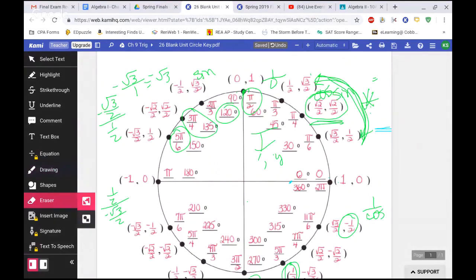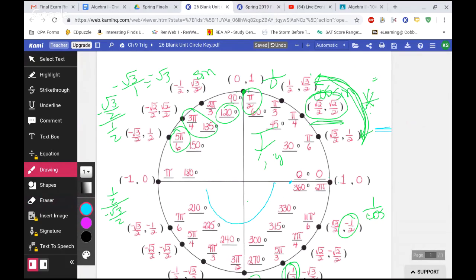So that means I'm going to start, go to 180, and then to get to 300, I'm going to go 120 more, which should take me to 60.